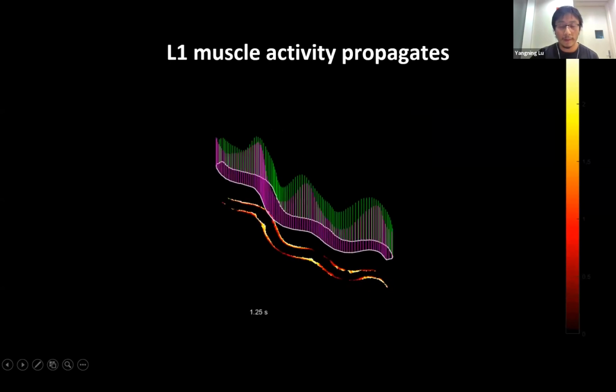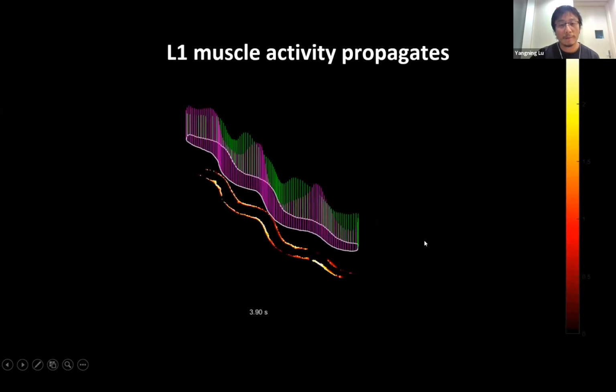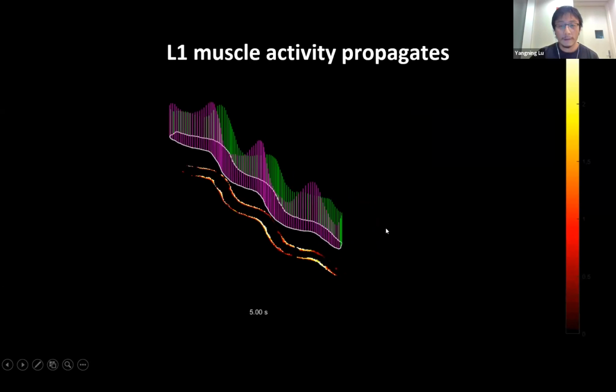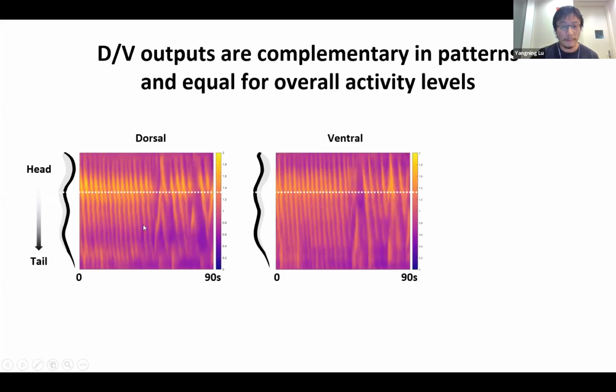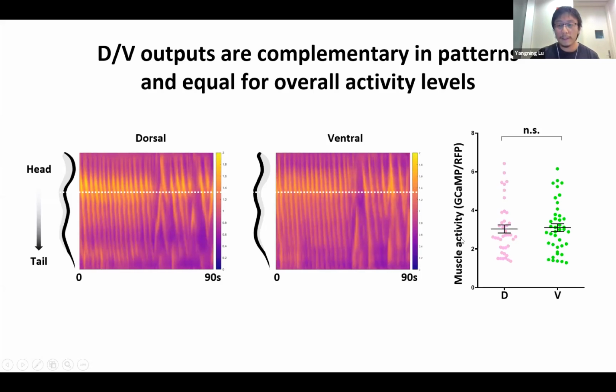And when we quantify the muscle activity propagations, we can see clearly that the dorsal muscle, as well as the ventral muscles, they output roughly equal amount of total activity for the body wall muscles. It's only the pattern that overlaps that antagonize each other.